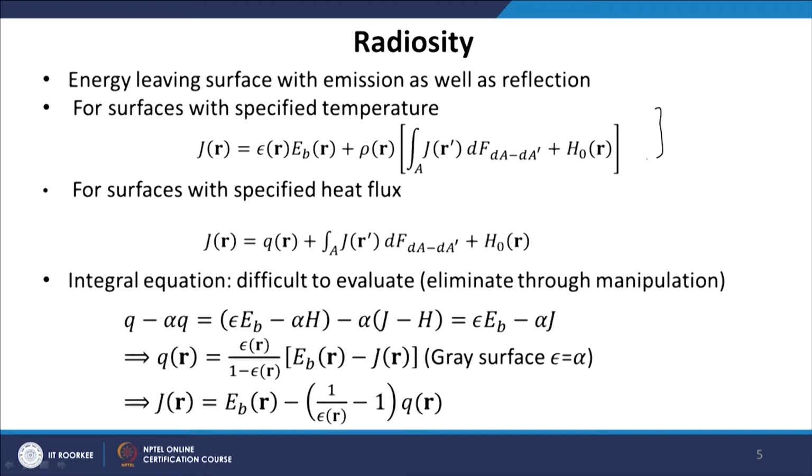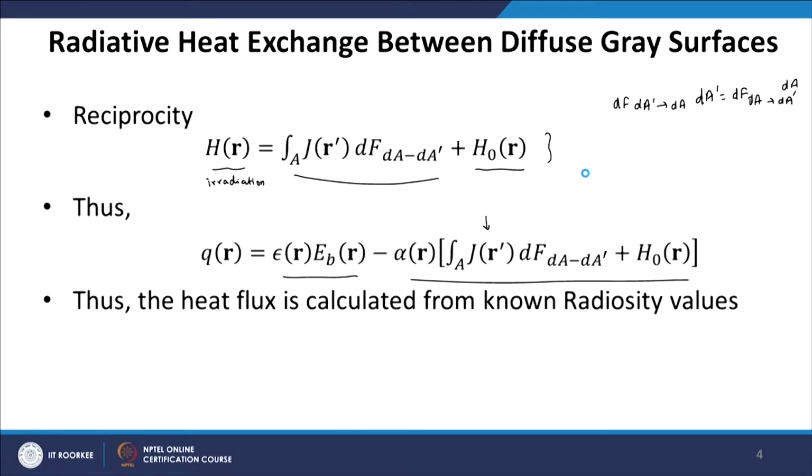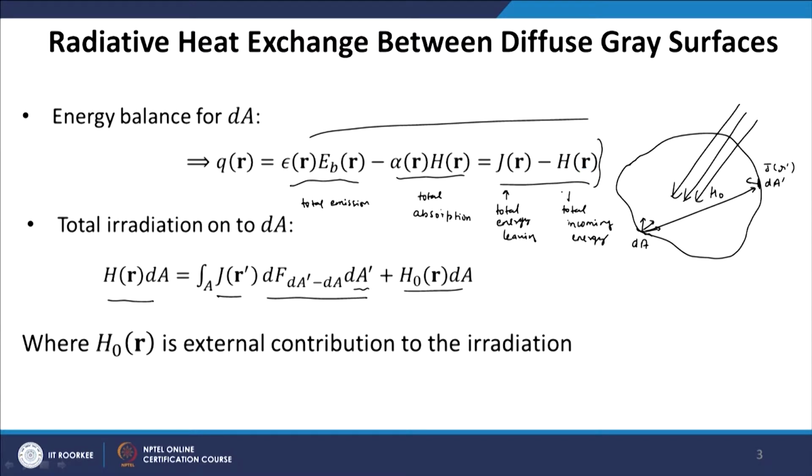The radiosity at any location r is equal to emittance times the blackbody emissive power plus the reflected part of the radiation and outside radiation. So, what we have just done is basically substituted the value of H in this relation and solved for J_r. Okay. So, once we solve for J_r we get the results for radiosity.